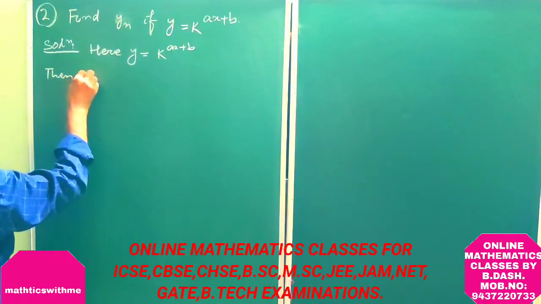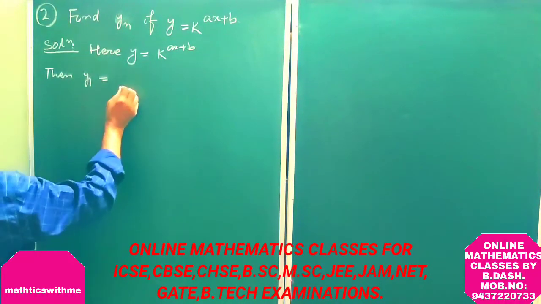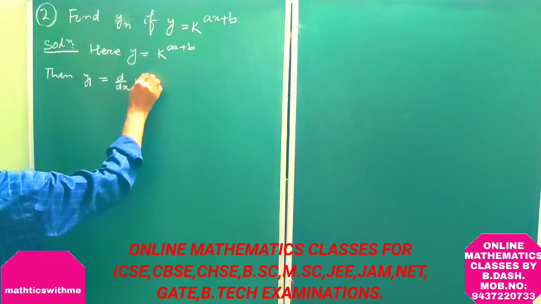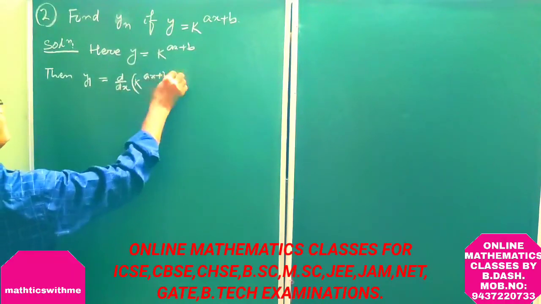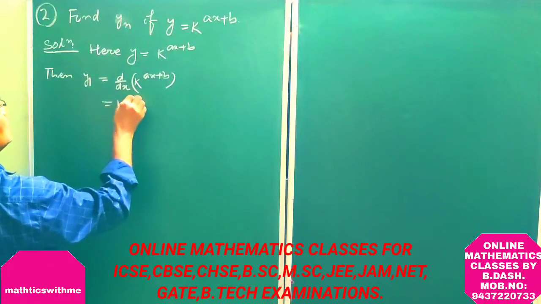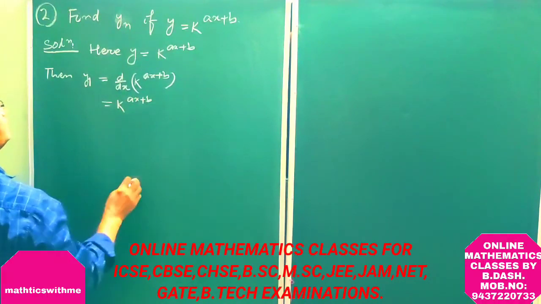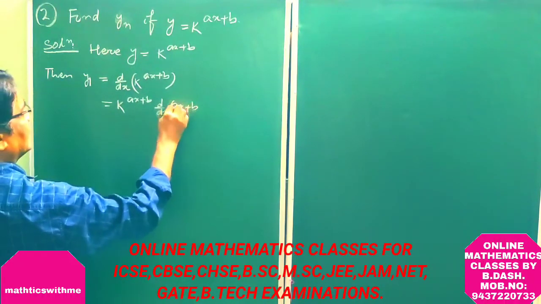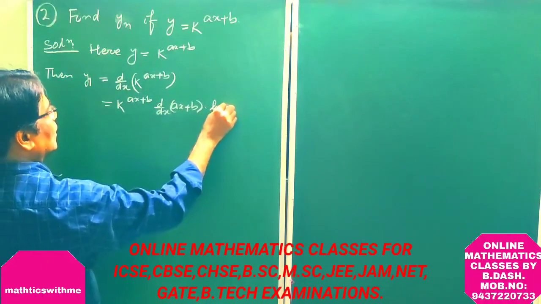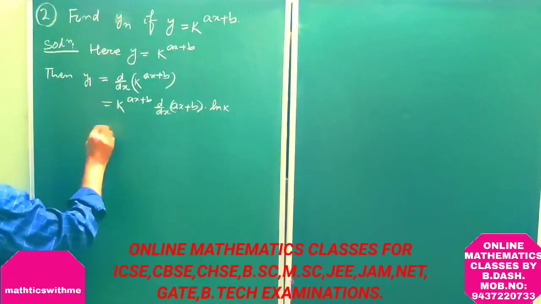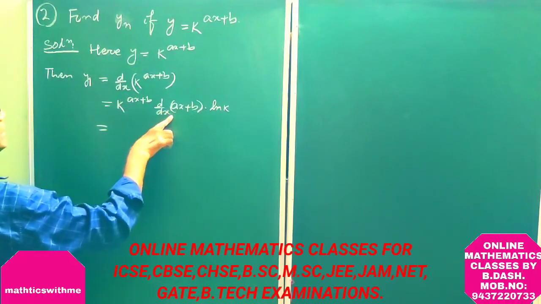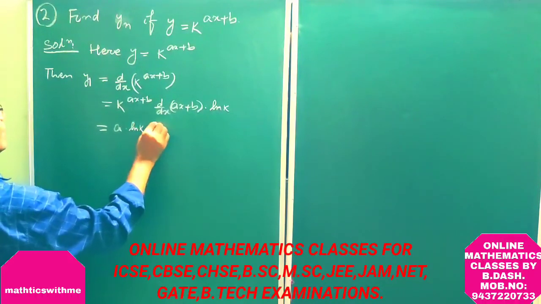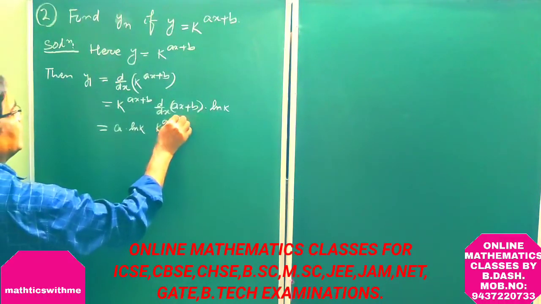Then y1 is equal to d by dx of k to the power ax plus b, which is k to the power ax plus b, d by dx of ax plus b, into ln k. This is equal to, the derivative of ax plus b is a, so a ln k, k to the power ax plus b.